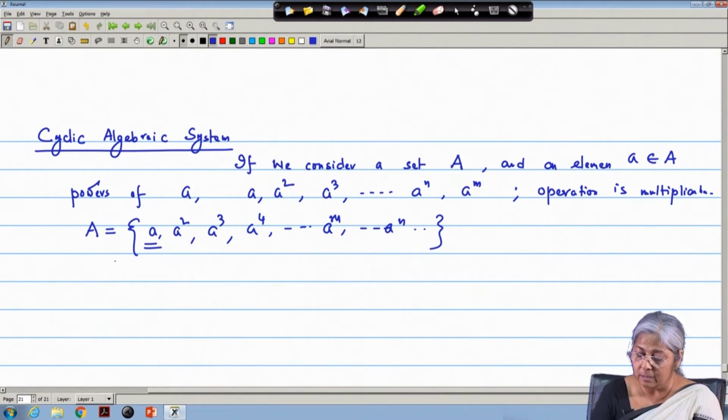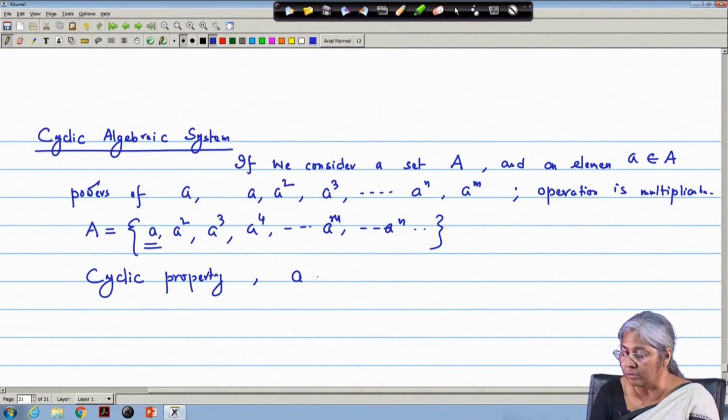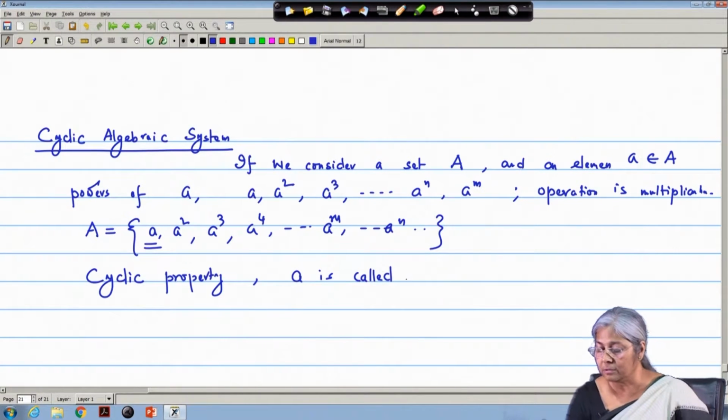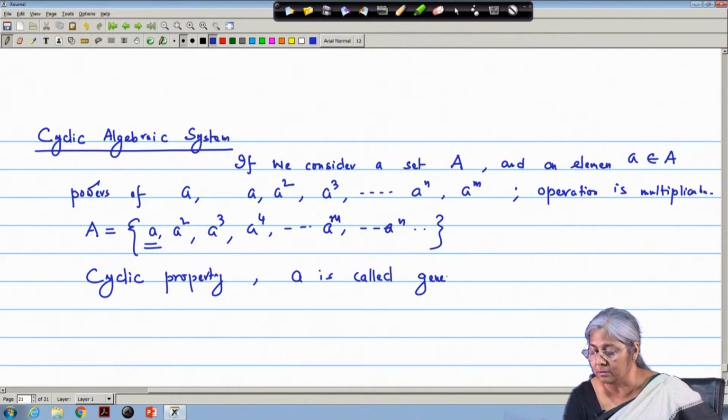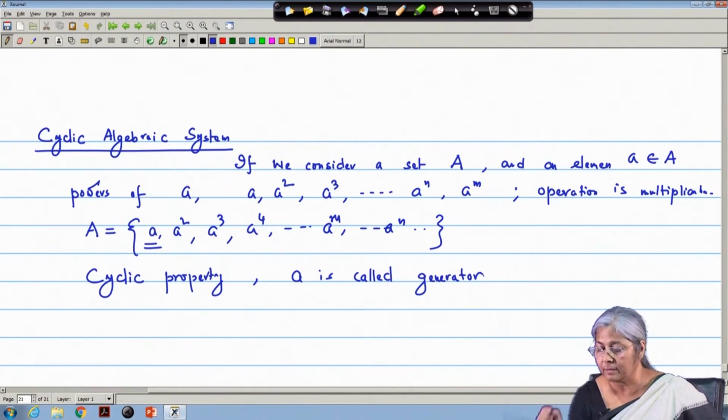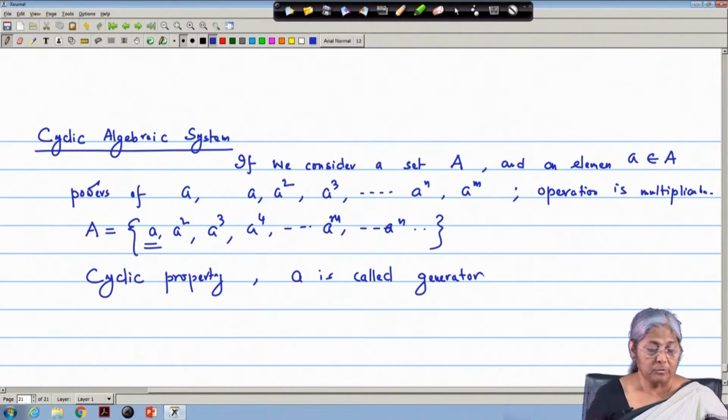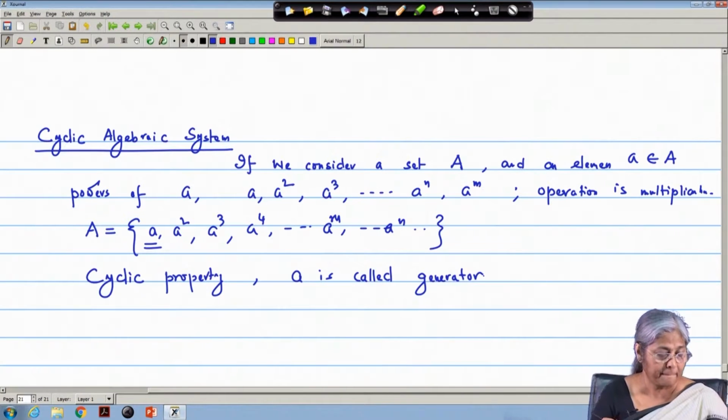So, in that case this has a cyclic property, and a is called the generator. Now, we define the cyclic monoid.